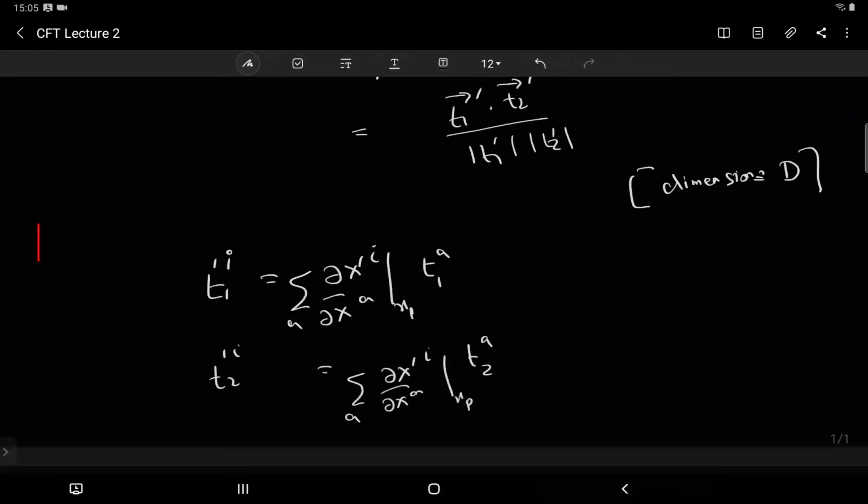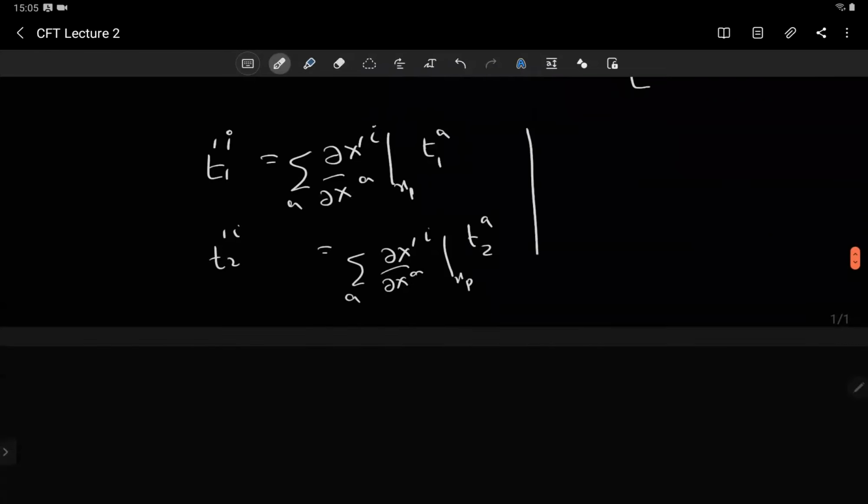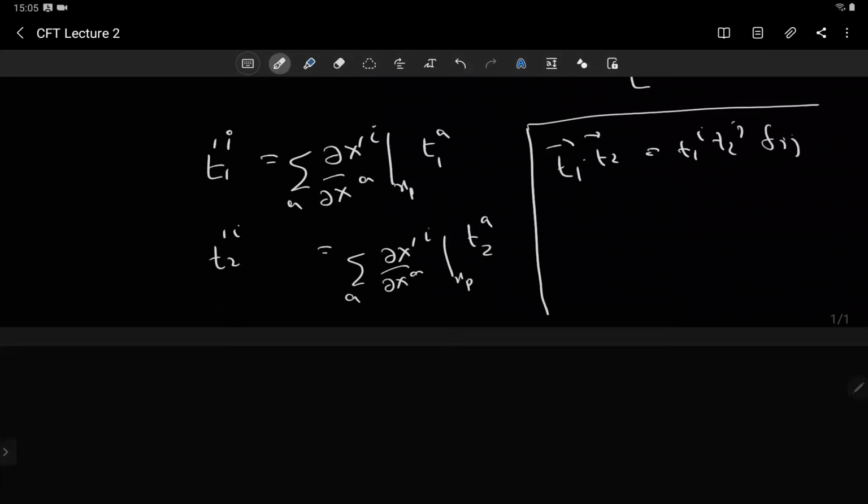And therefore t1 dot t2 is actually t1 i t2 j delta ij, if it's a Euclidean metric.